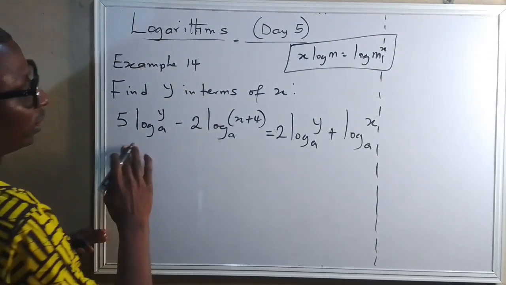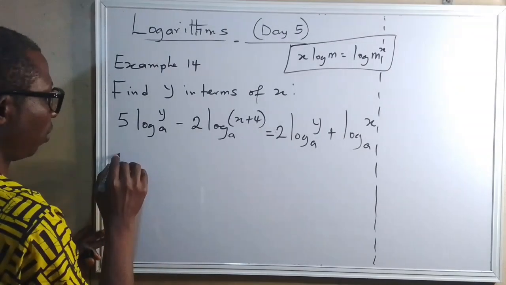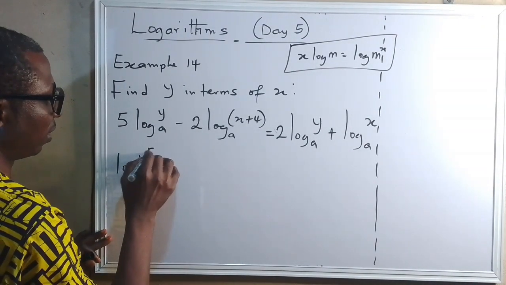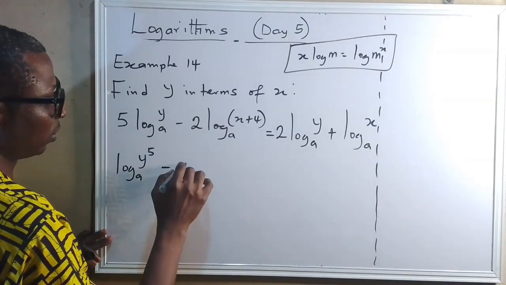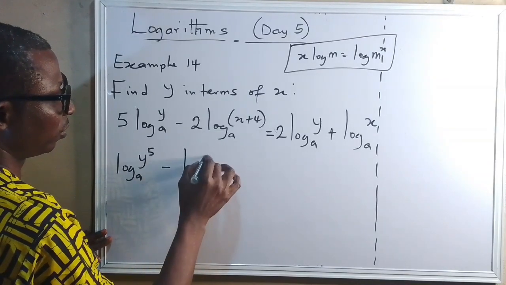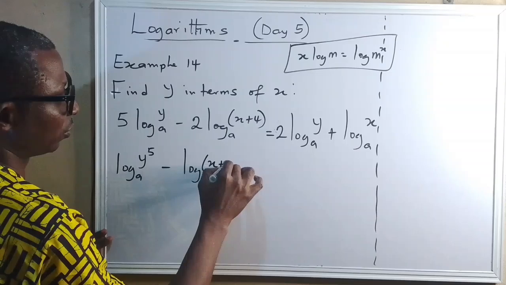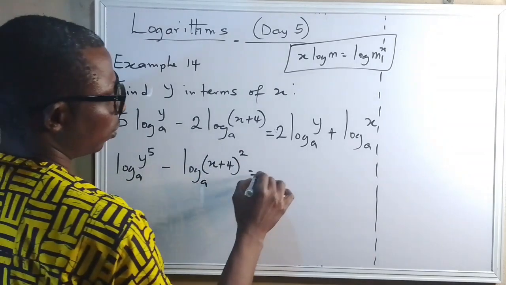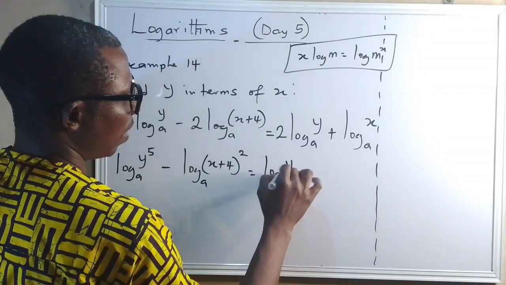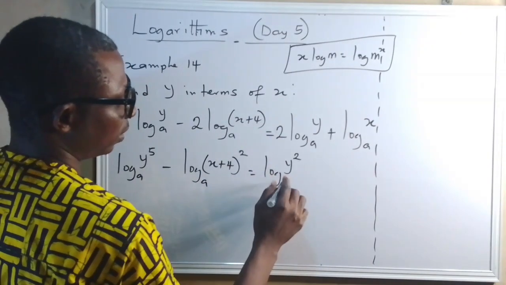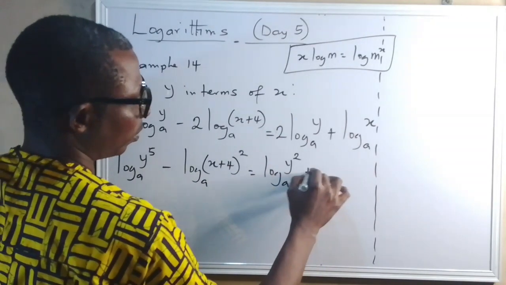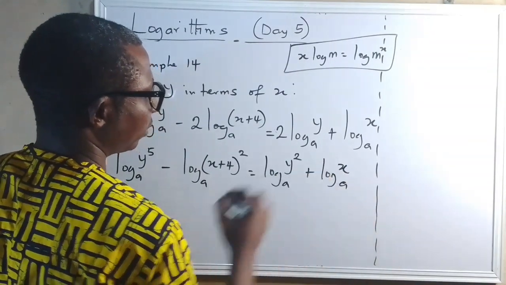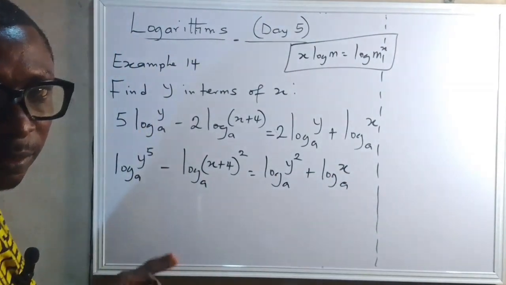So this equation turns to logarithm of y raised to the power of 5 base a, minus logarithm of (x plus 4) raised to the power of 2 base a, equals logarithm of y raised to the power of 2 base a, plus logarithm of x base a. All right, so that's the first step.